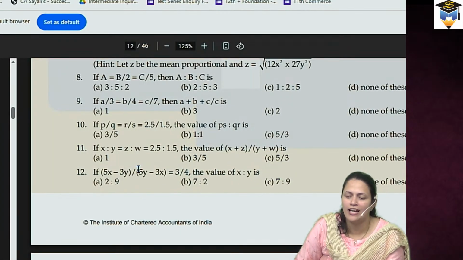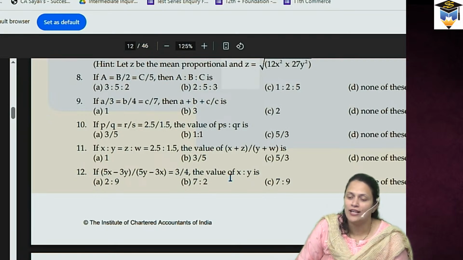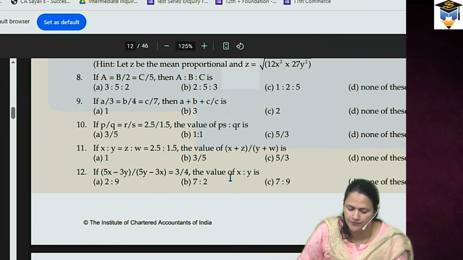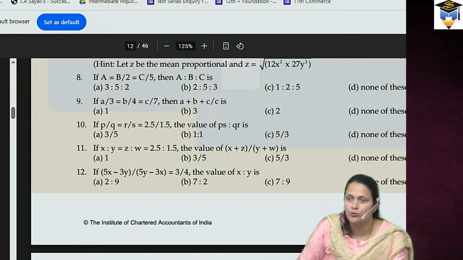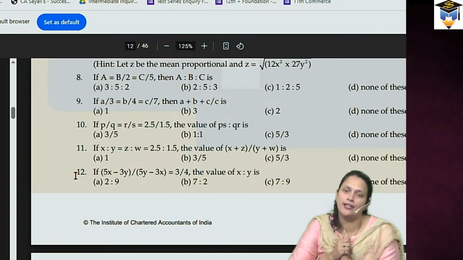Five x minus 3y upon 5y minus 3x is equal to 3 by 4. You have to find out the value of x is to y. So what will you do here first? Read question 12 and tell me what is to be done.